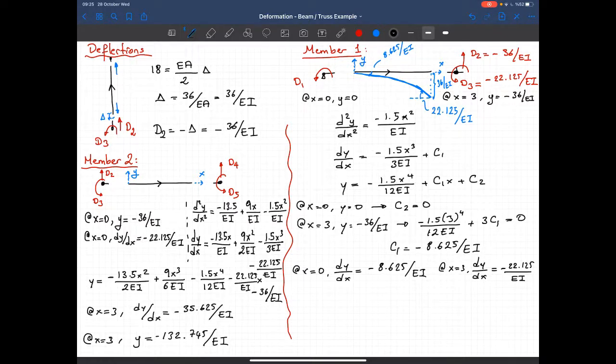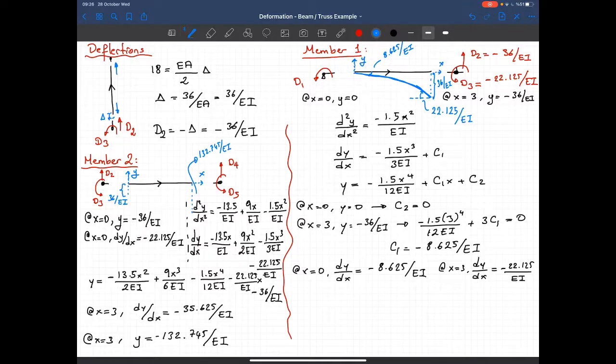Again, let's plot it on this member. So we know that this point moved in the downward direction, and the magnitude of that translation is 36 over EI. But this point moved more, and the magnitude of that translation is 132.745 over EI.